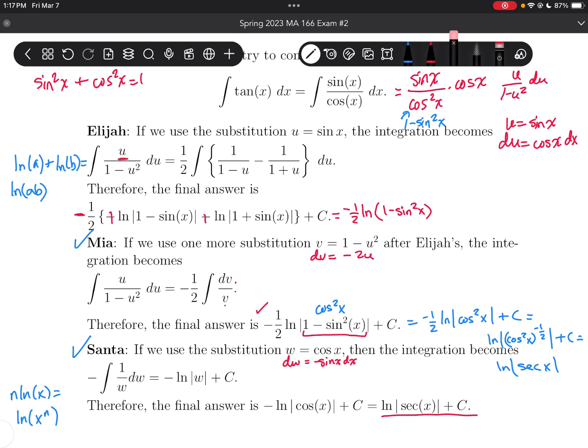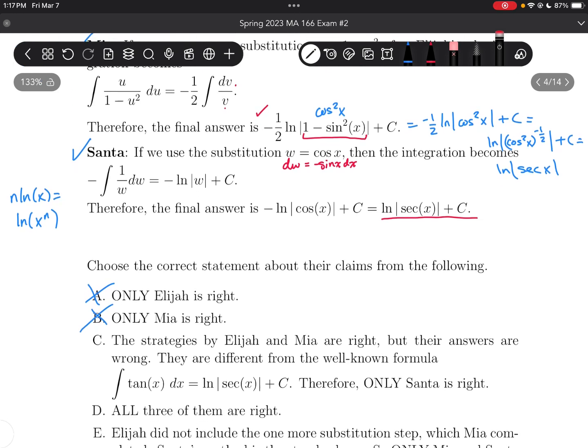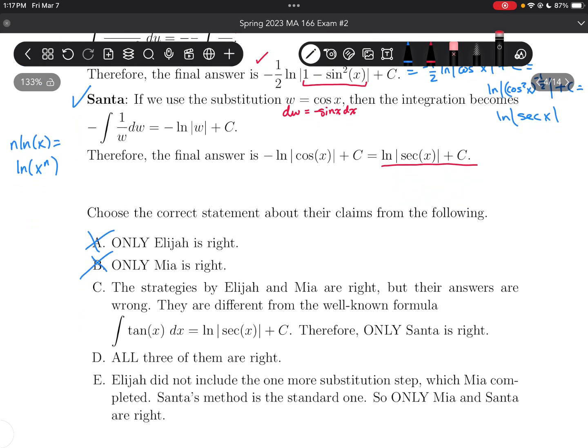And you'll notice, and there should be an absolute value here, that is exactly the same as what Mia initially got. This result is exactly the same as this. That means Elijah's result is equal to Mia's result, which is equal to Santa's result. So all three answers are correct, making the answer to this problem D.